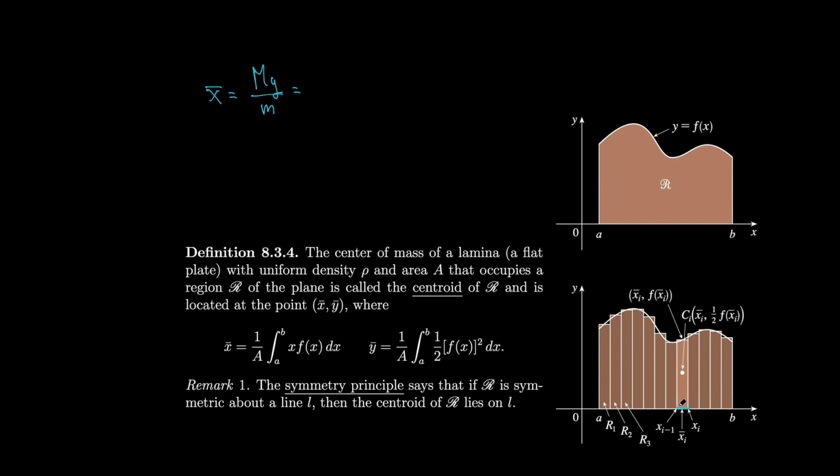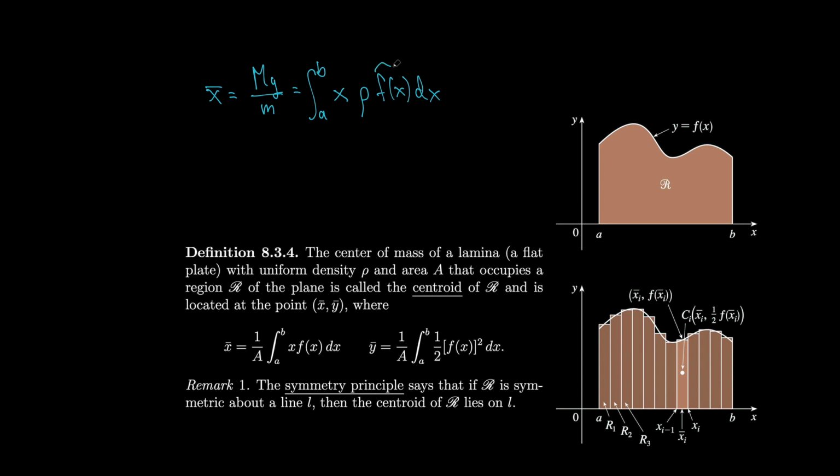Well, it has a tiny little change, delta x. So the width is delta x. So what's the height? Well, the height of this thing is just the y value. That's f of x. So that means that if I were to write an integral, it would be the integral from a to b of my distance x times my mass, which is rho f of x dx.